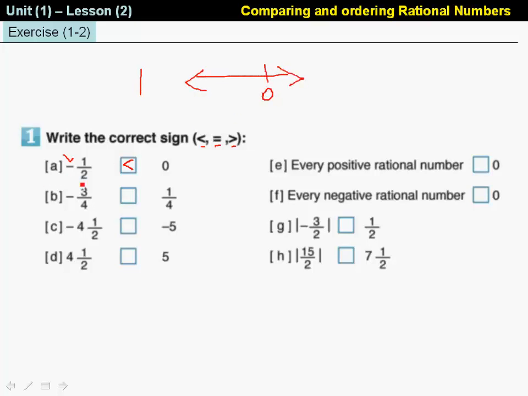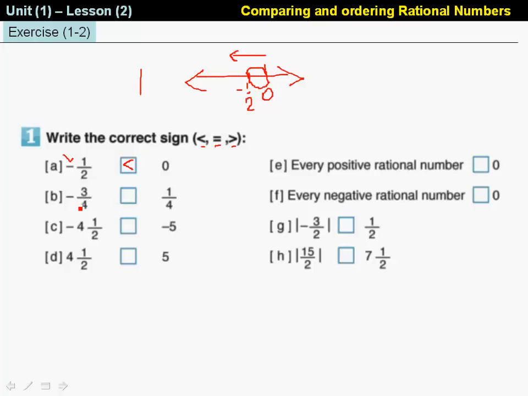If you represent minus half, you will represent it here in the negative direction after one step. And we know if you go from right to left, the numbers will be smaller. So 0 is greater than minus half, or minus half is less than 0.